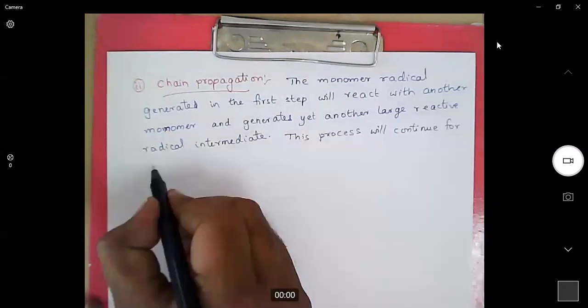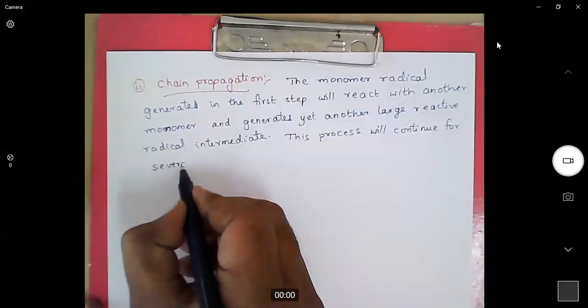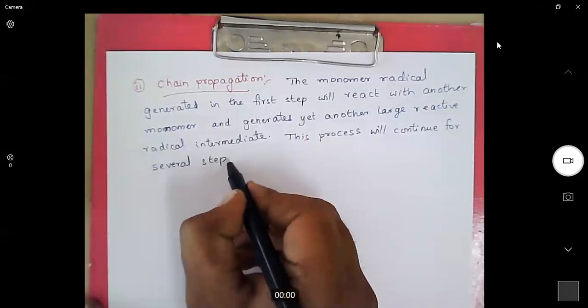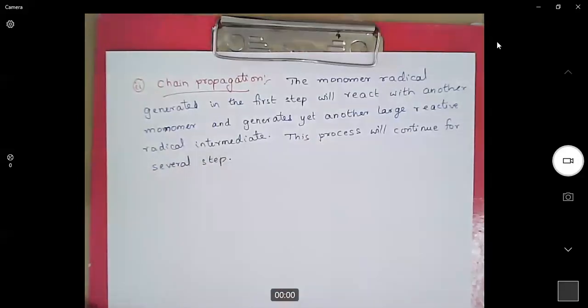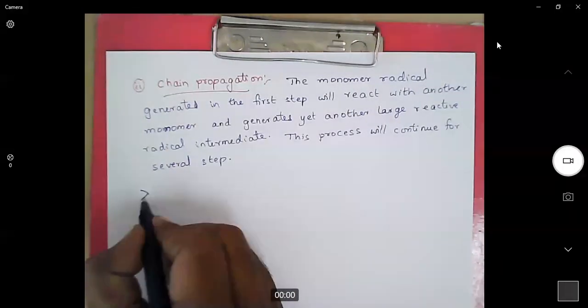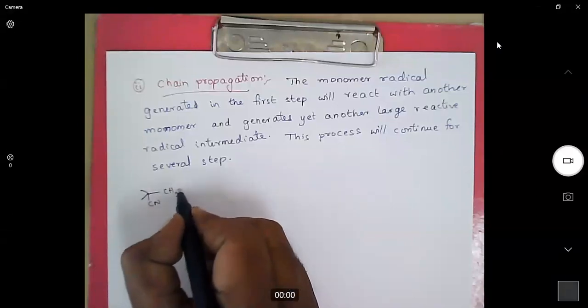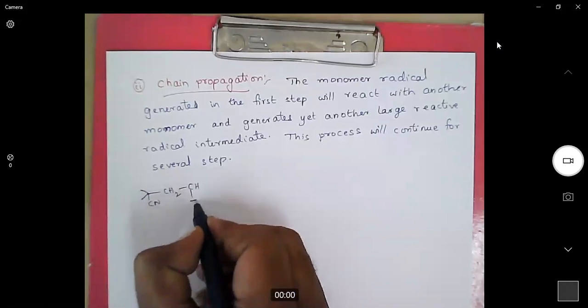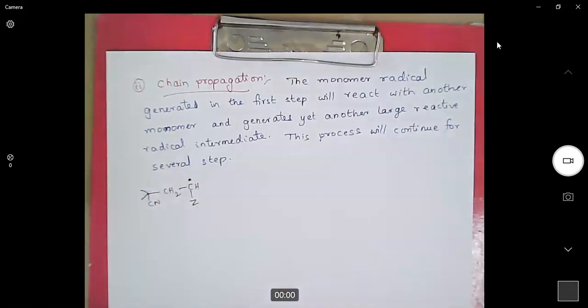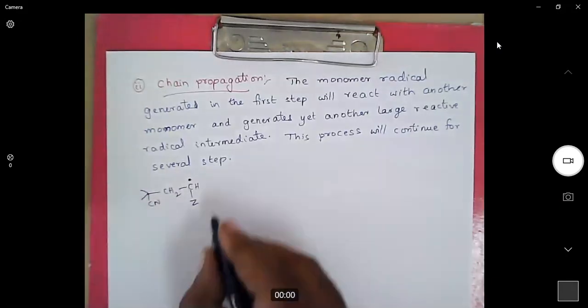for several steps so that the final length of the chain will be very, very large. For example, this is the radical which is generated in the first step.